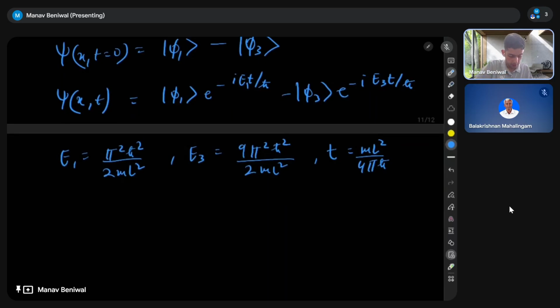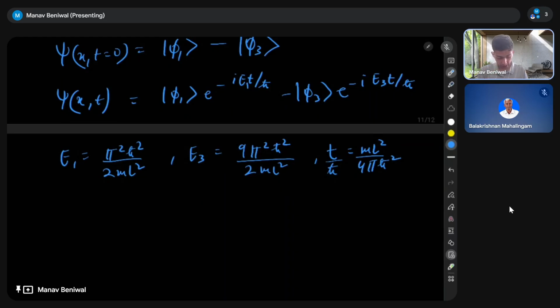So if I wanted to write t over h cut, all these m L squares will get cancelled, and then let's see what we get.